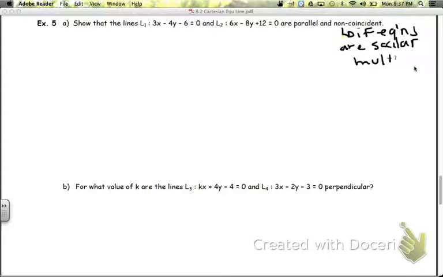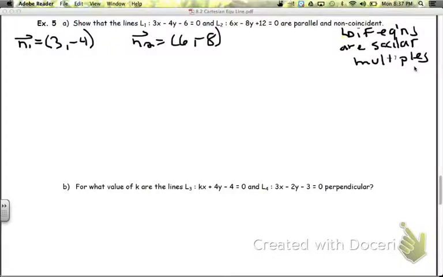So looking at our line 1, we know our normal to line 1 is (3, -4), and our normal to line 2 is (6, -8). Looking at these two, how can I get from 3 to 6? That's right, I can multiply by 2. And how can I get from -4 to -8? Again, I can multiply by 2.